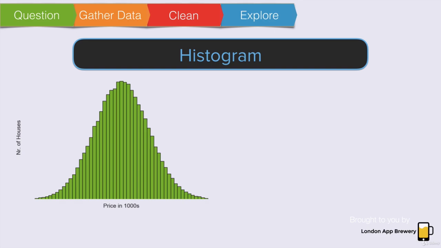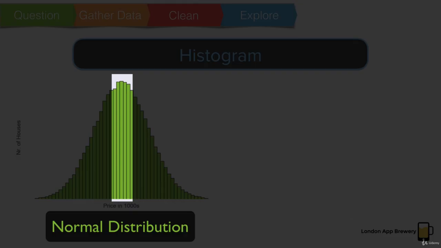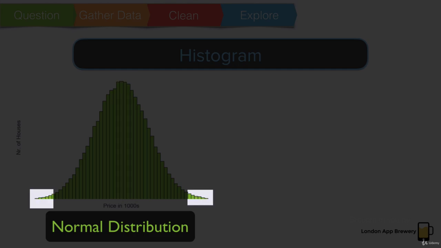Now, I've created this green histogram here to show you what a normal distribution would look like. You can always spot a normal distribution by this very reassuring bell curve, meaning a lot of the observations are around the center or the mean of the distribution, and very few observations are at the edges.